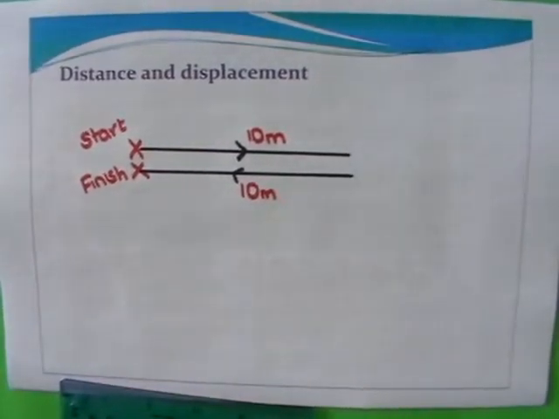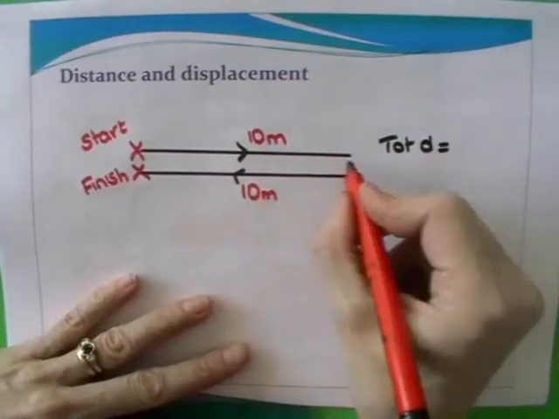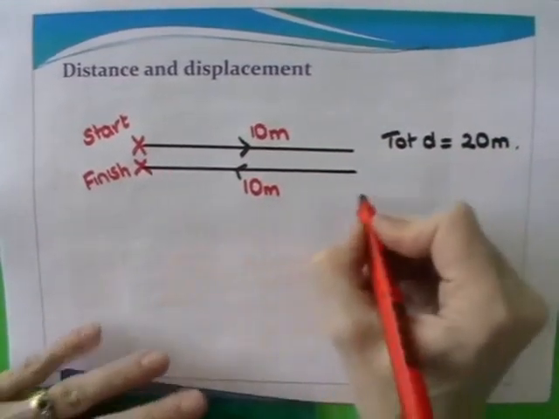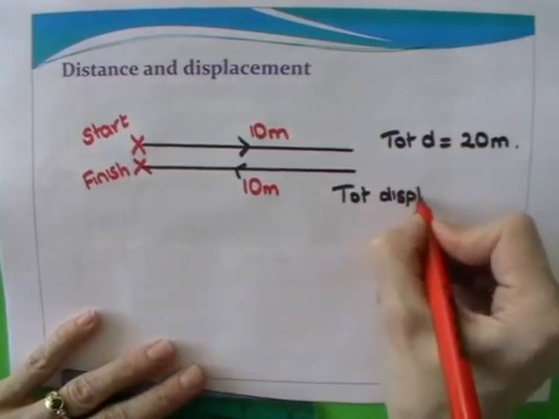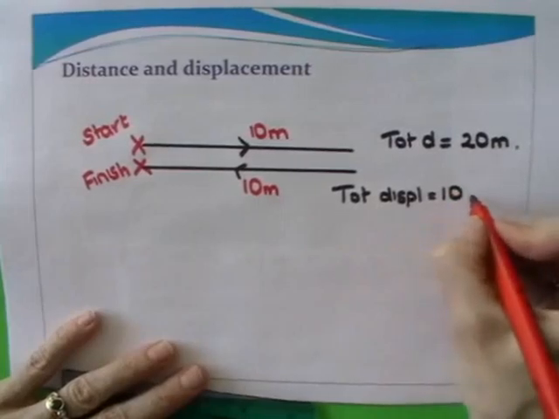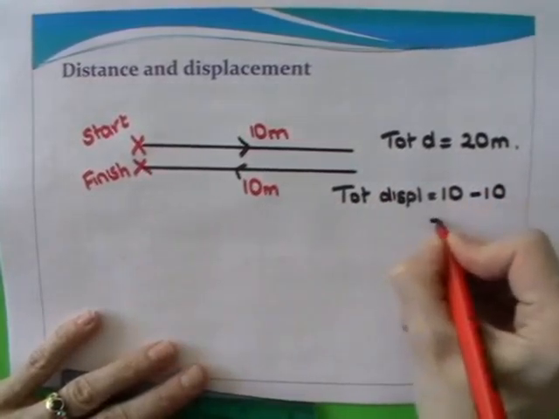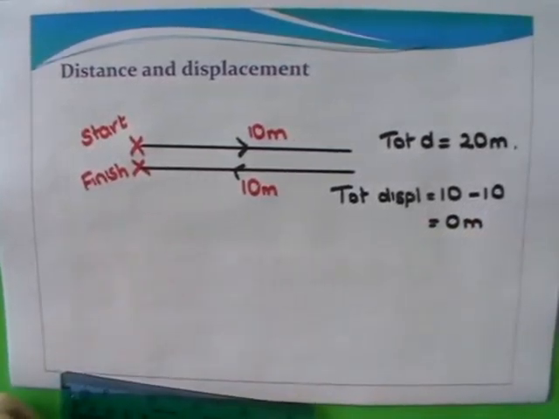Well, the total distance they've travelled is a total of 10 plus 10 gives you 20 metres. But their total displacement is 10 to the right, and then you have to take away 10 to the left. Their total displacement is 0, because they're right back where they started. So that's a very, maybe, odd one there.